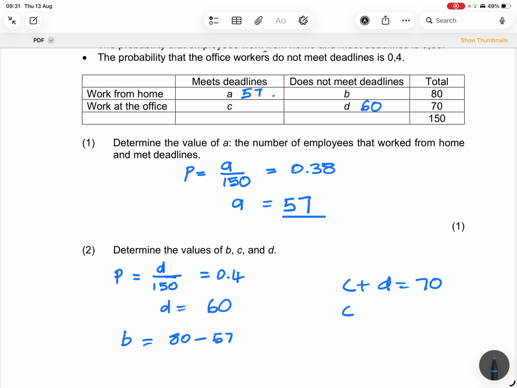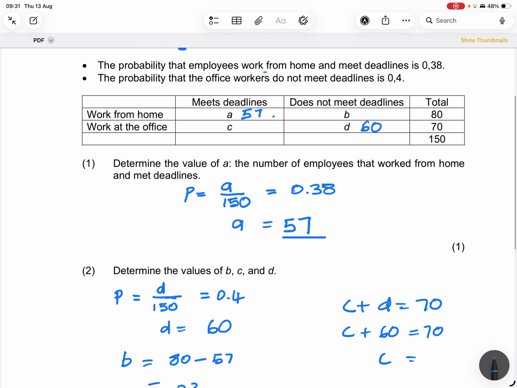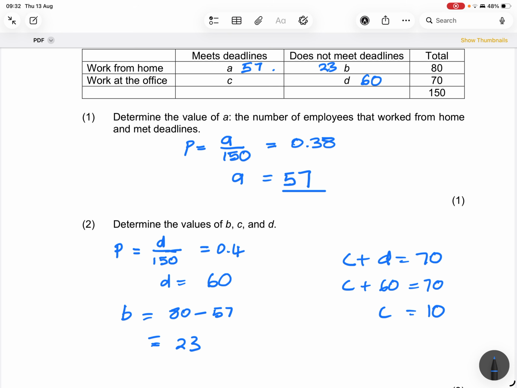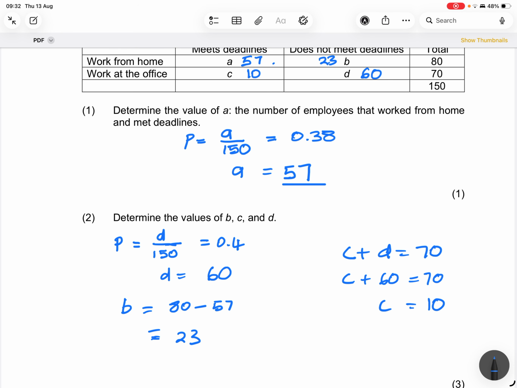So C plus 60 is equal to 70, and the number there for C is 10. So we've found the values of B, C, and D.